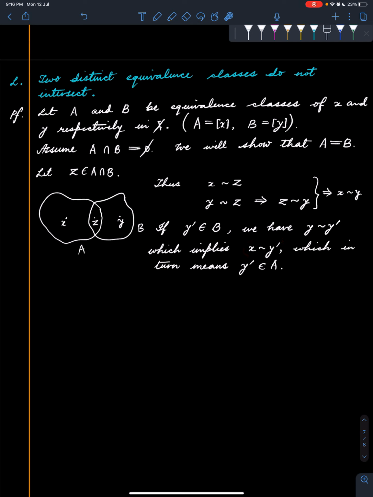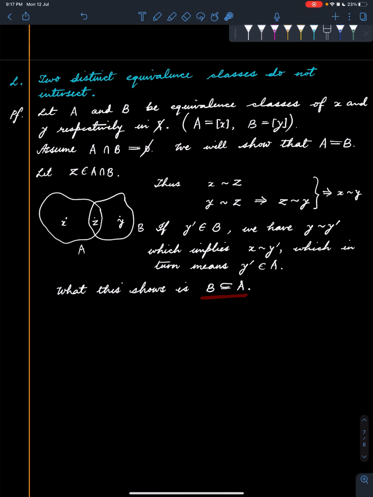A is the equivalence class of X. So whenever you have X tilde anything, that anything is in A by definition of the equivalence class. So what this shows is that B is contained in A. We picked an arbitrary element in B, and then we ended up showing that it lies in A.